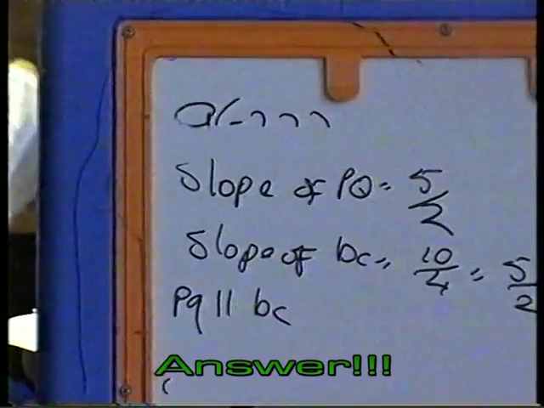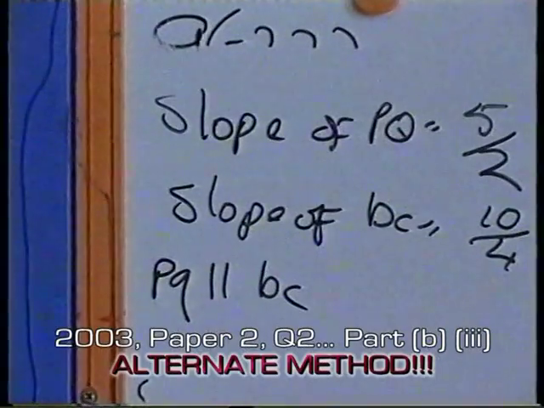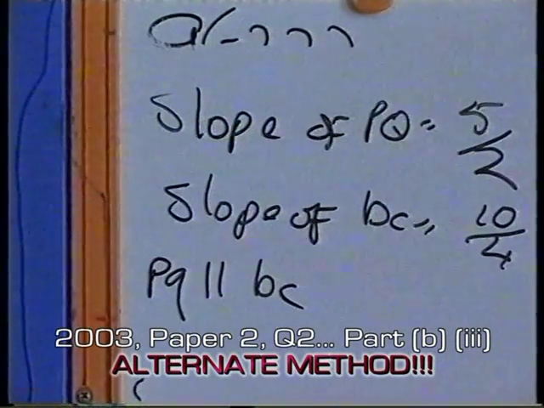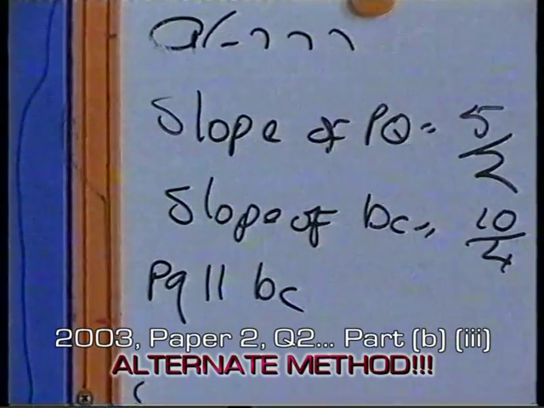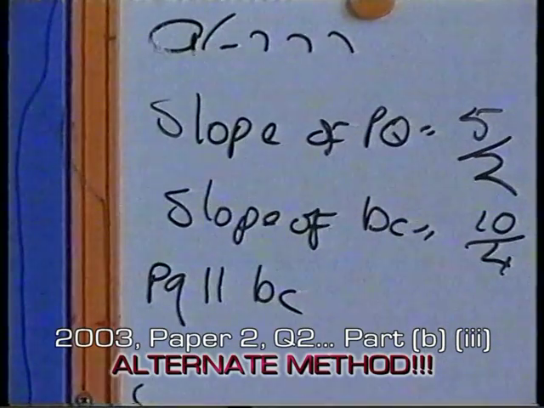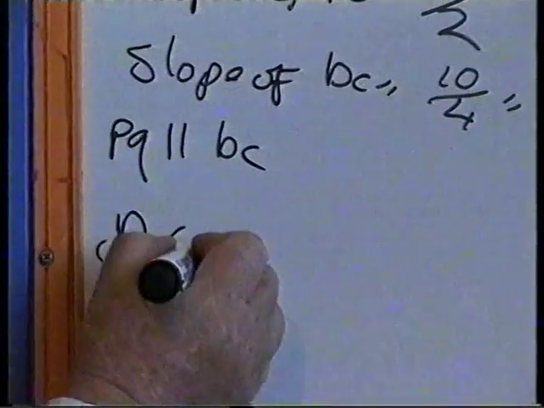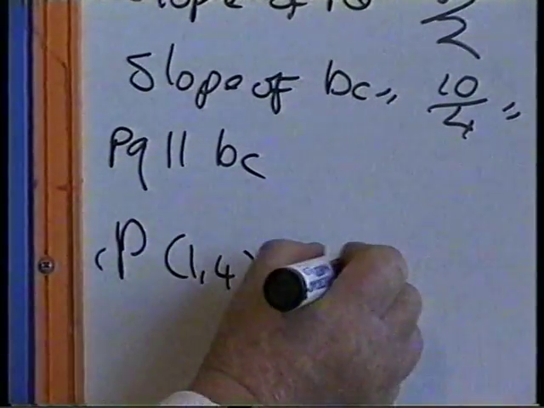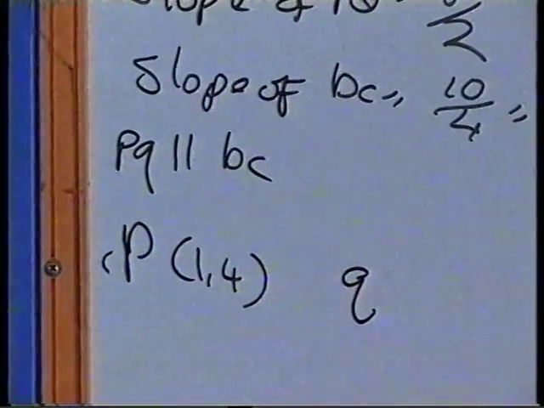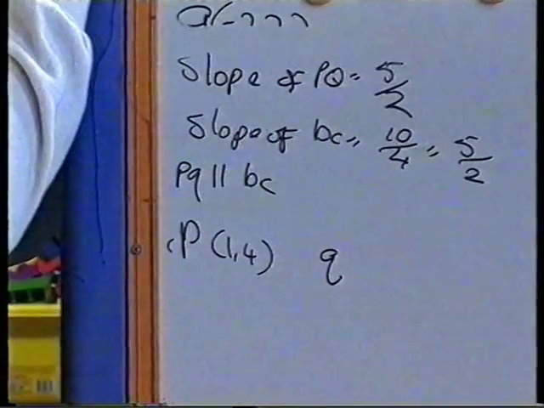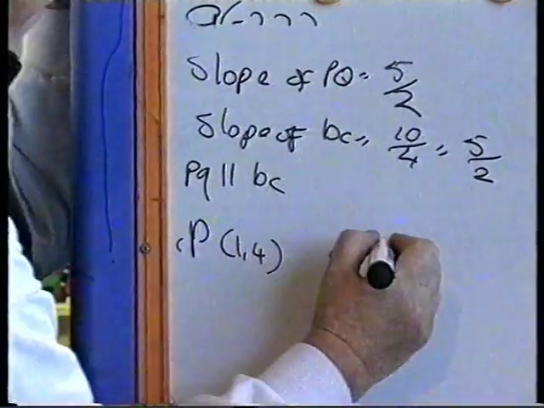Now again, using just your coordinates as if you were going to use your slope, P is the point 1, 4, and Q is minus 1, minus 1.